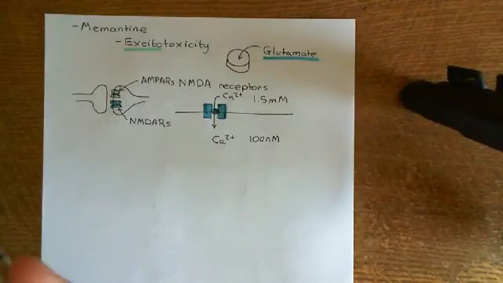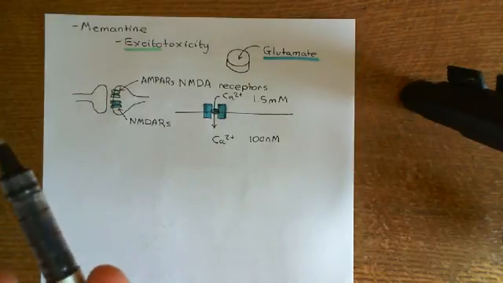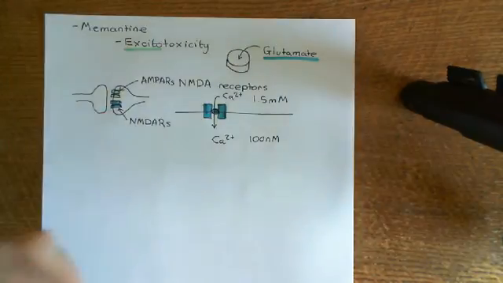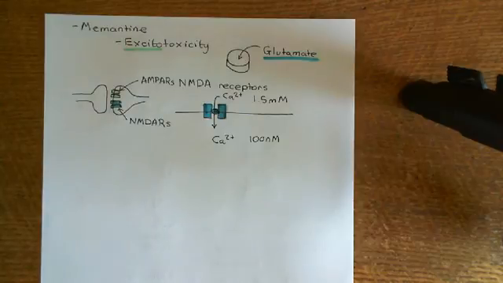Why doesn't it block all NMDA neurotransmission and cause absolutely major problems? Okay, and I want to discuss why Memantine can be given without it causing major side effects, because it is a very well tolerated drug. Okay, and it does produce a modest improvement in the neurodegenerative process of Alzheimer's disease.